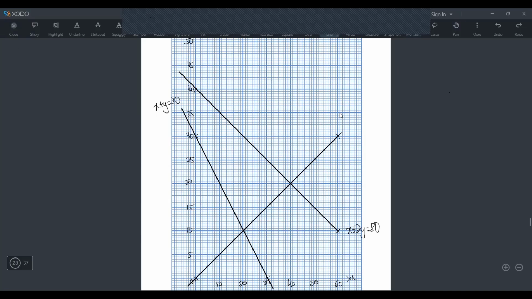Like this line, this one joins with (0, 0). But use your ruler and try to be accurate. Try to draw it precisely. So y = 1/2 x.